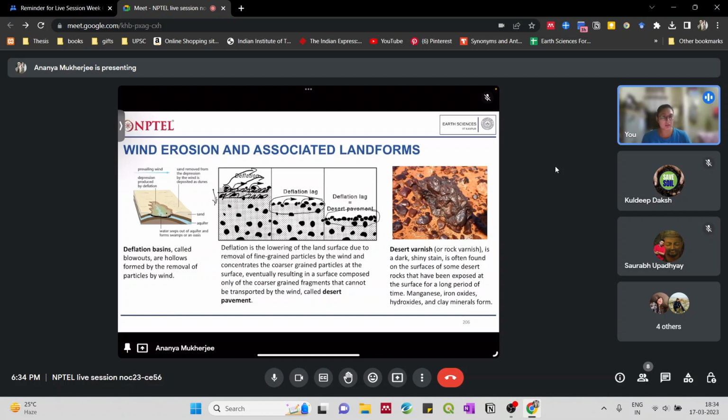Now there is another feature associated with wind erosion, which is the desert varnish, also called rock varnish.